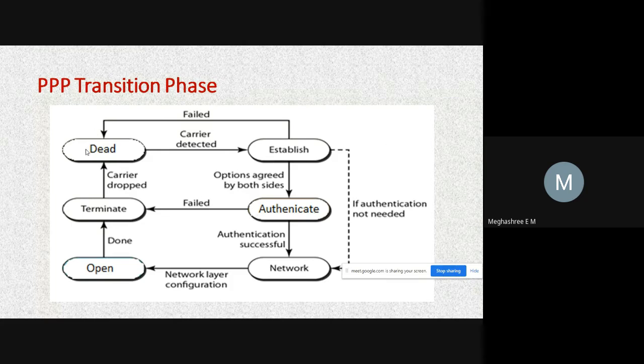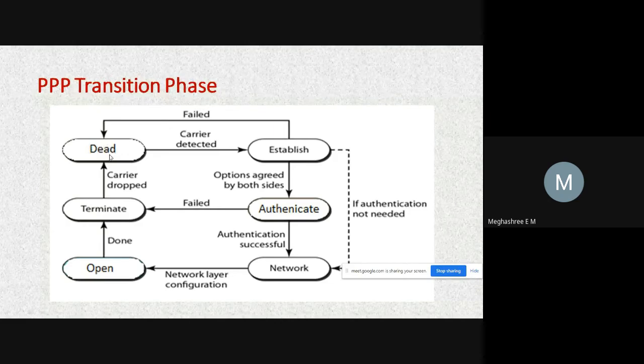Initially, the data link layer of the sender node will be in the dead state. Once the packet is received from the network layer, what is the duty of this data link layer? It has to create frames, right?